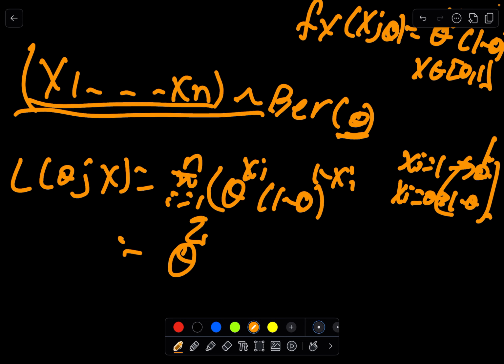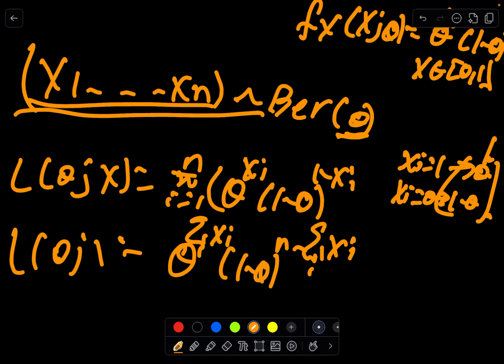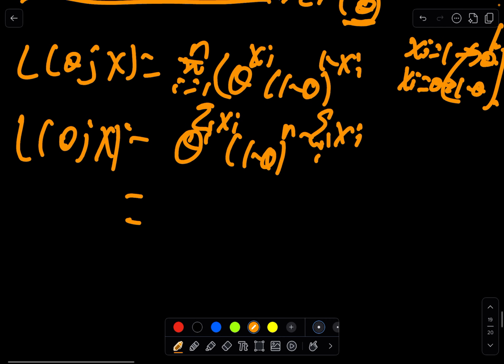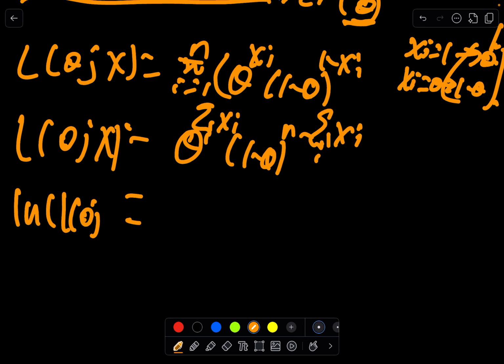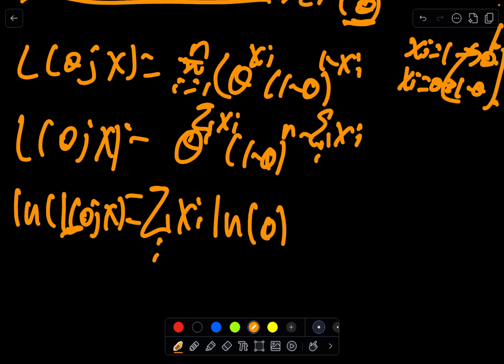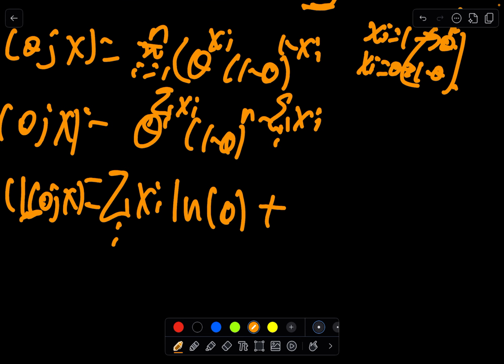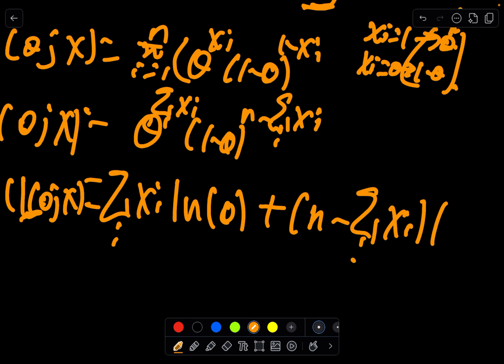So we get theta to the sum of x_i times 1 minus theta to the n minus the sum of the x_i. Okay, we haven't done anything crazy here. Now I'll take the log of the likelihood. We get the sum of x_i times log theta, plus n minus the sum of x_i times log of 1 minus theta.